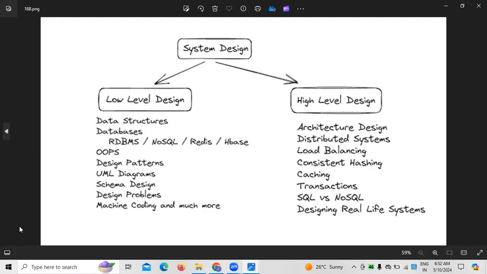So when it comes to system designs, usually they are categorized into two different designs. One is the low level design, the second is the high level design. First I can say high level, second is low level. That's how it is. High level design is first, low level design is next. What is high level design?